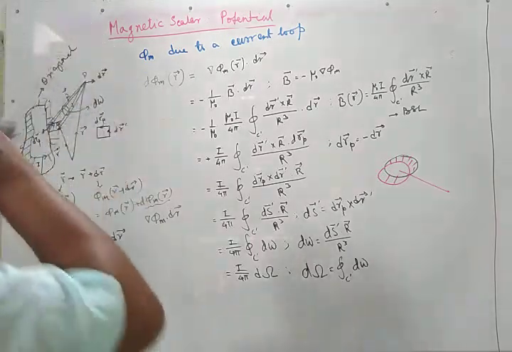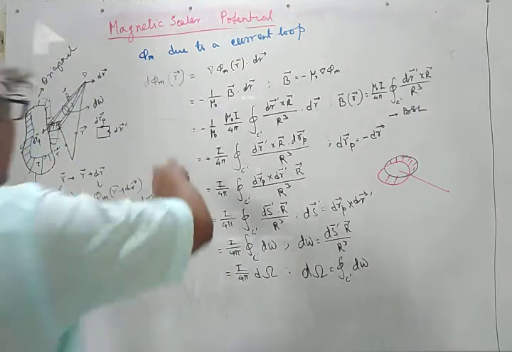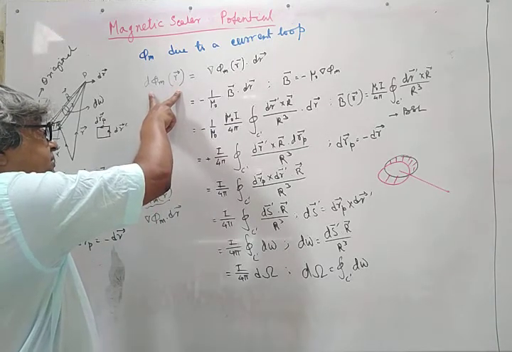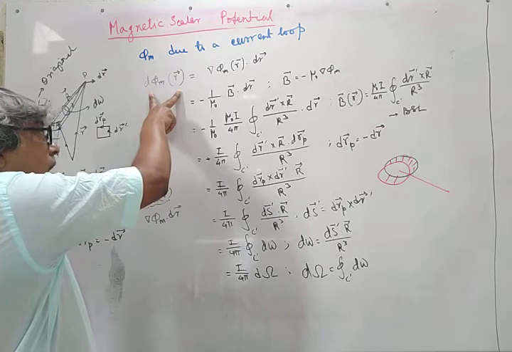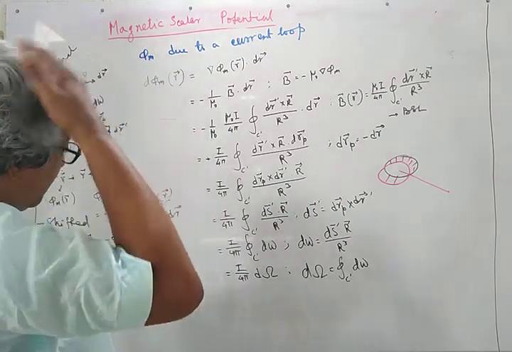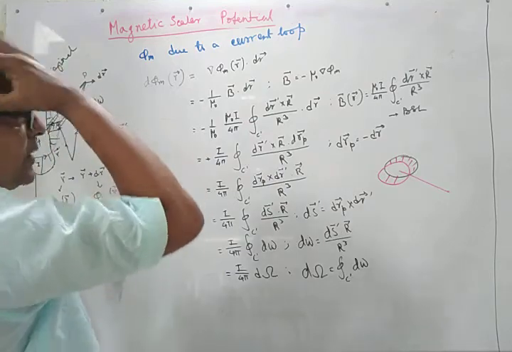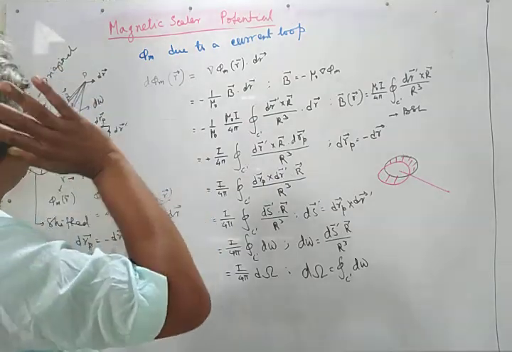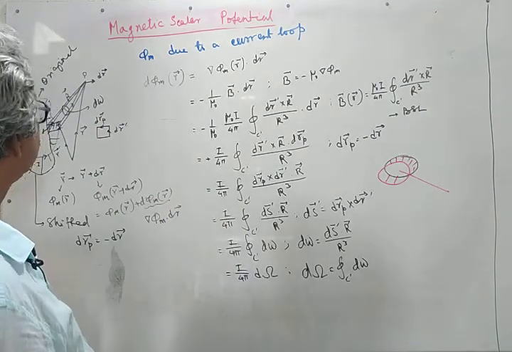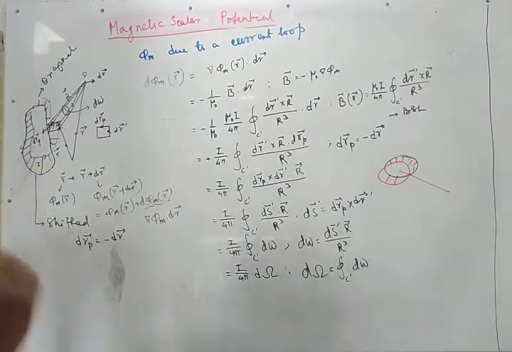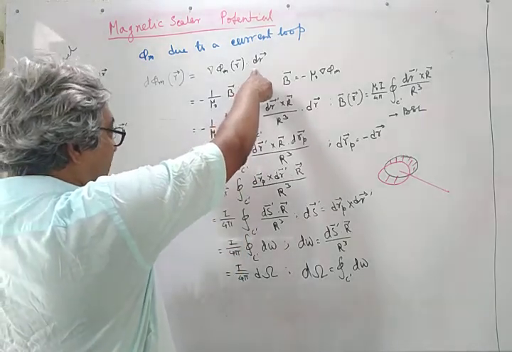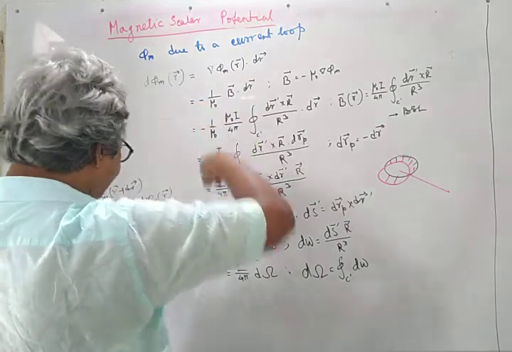So the change in scalar potential as the field point changes by an amount vector dr is equal to I upon 4 pi times the solid angle subtended by the current loop between its original position and passive shifted position. The passive shift is exactly the same as the change in field coordinate, but in the opposite direction.